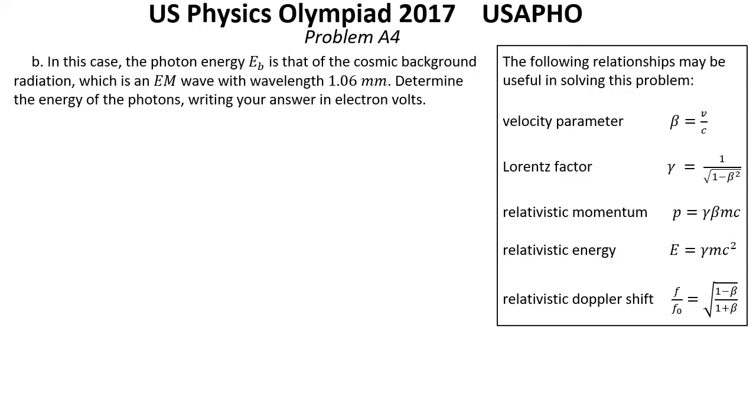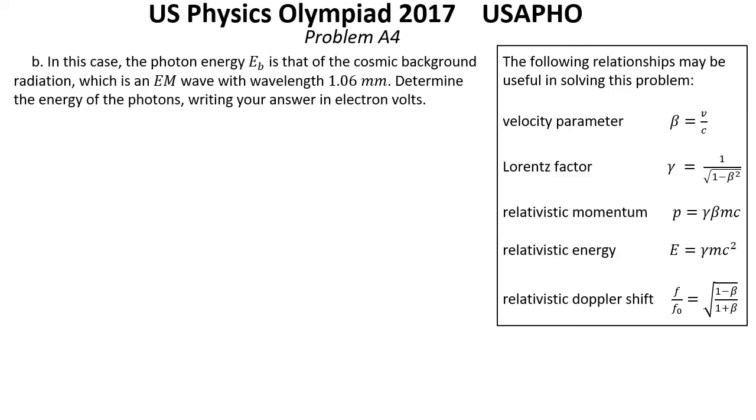Solution for question B. In this case, the photon energy E_b is that of the cosmic background radiation, which is an electromagnetic wave with a wavelength of 1.06 millimeters. Determine the energy of the photons, writing your answer in electron volts. Solution.